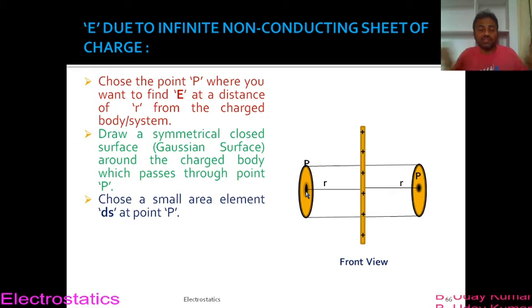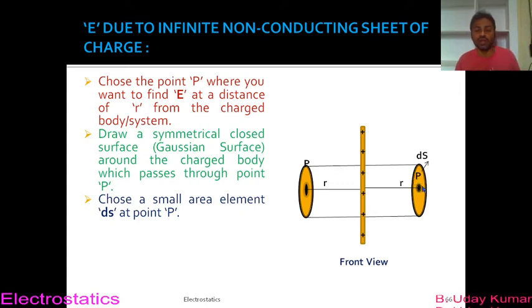Since the cylinder is taken horizontally here, you can assume that the circular faces on the right and left are very small, and hence there is no need to construct a small area element ds at point P. Rather, you can choose the entire circular surface area itself as ds, which can be assumed to be very small.